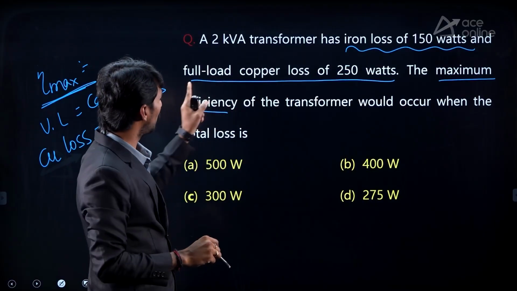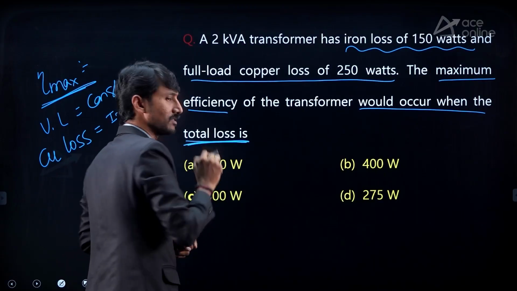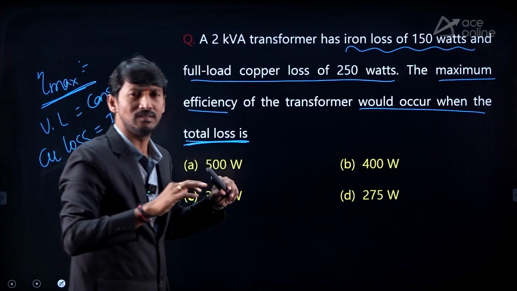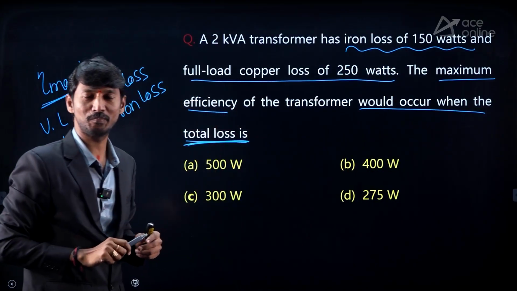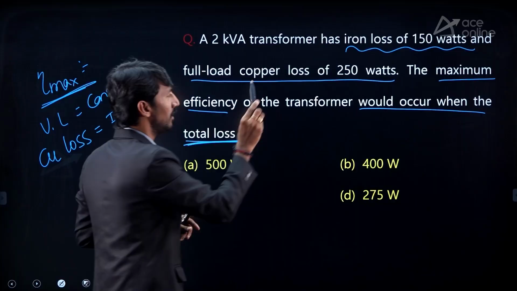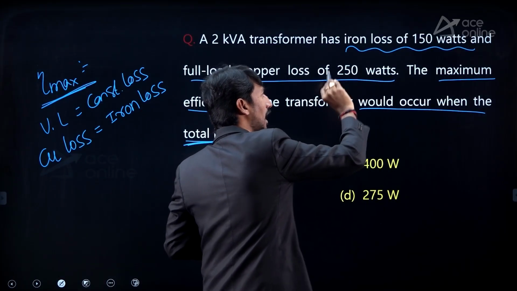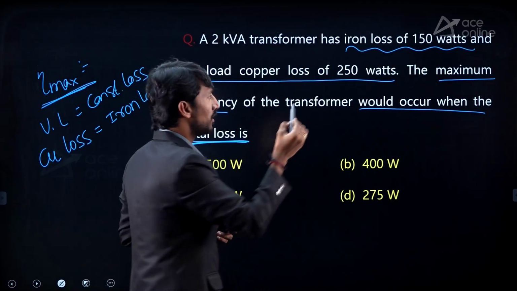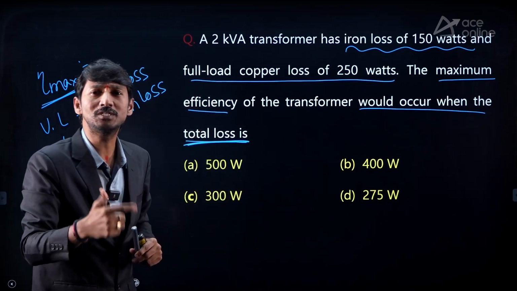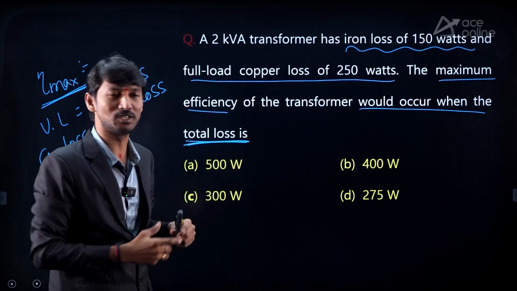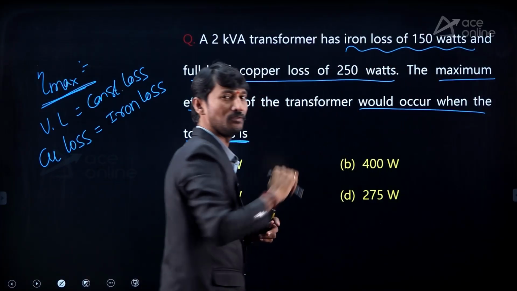What is asked? The total loss when the maximum efficiency of the transformer occurs. In hurry mode, what do we say? 250 plus 150, 400. That is a wrong option in the answers. Here, should this 250 watts value be changed and equated to 150, or the 150 value be varied and equated to 250? Which must be varied? Copper loss must be varied. We need to make it equal to 150.